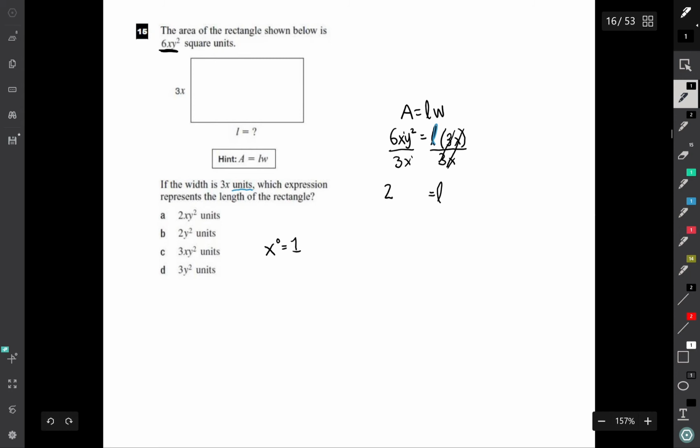So the x gets canceled out, and all we're left with is y squared. Okay, so length is equal to 2y squared units.